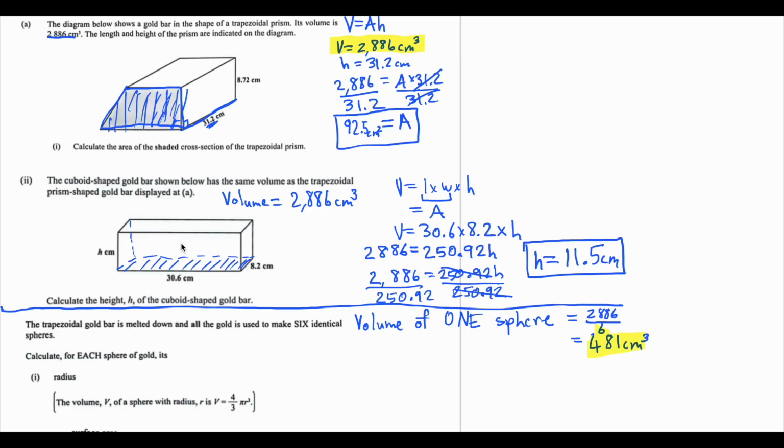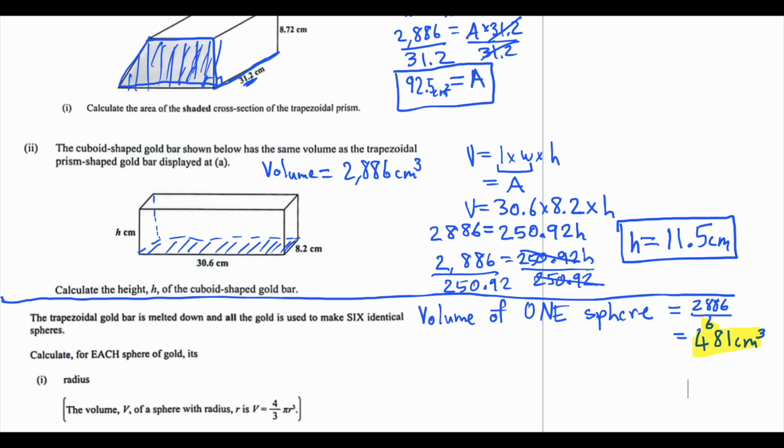Now, what they want us to do is calculate for each sphere, so we don't figure out what one is, the radius. Okay, so we know that one of these is 481 centimeters cubed. They also gave us the volume of a sphere.